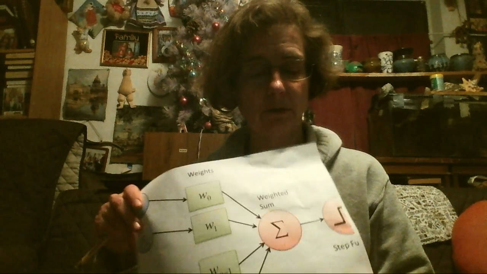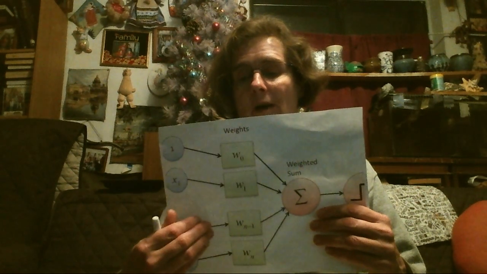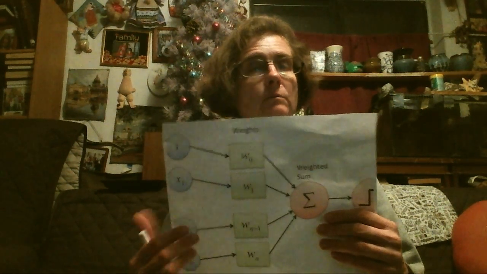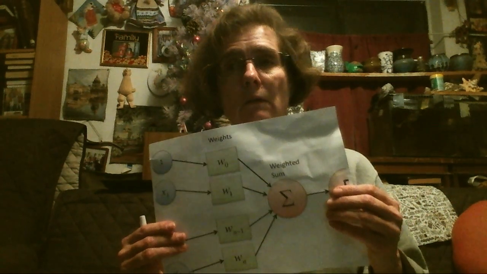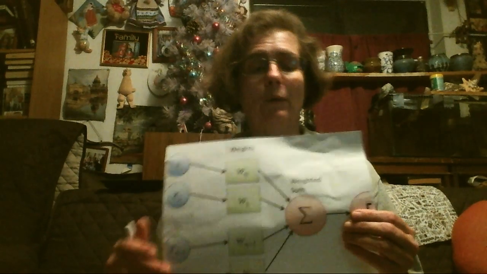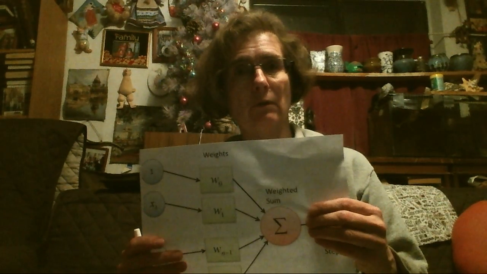So that's where activation function comes in. Activation function also is called transfer function. So basically it transfers our weighted sum of our weighted values into decision on output whether our artificial neuron is activated or not activated.